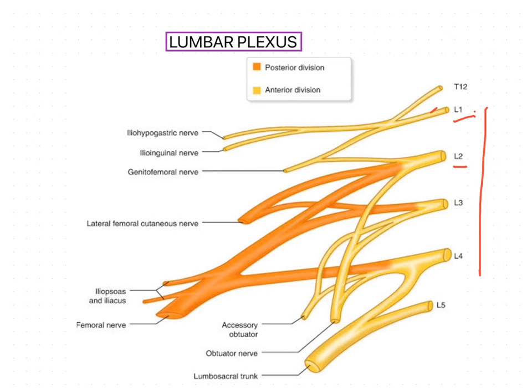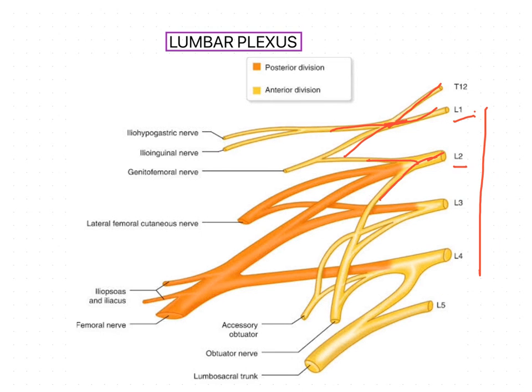So here this is the nerve, and the small twig of T12 is also uniting here. After this it is divided into upper division and lower division. The same way L2 is also dividing into upper division and lower division.